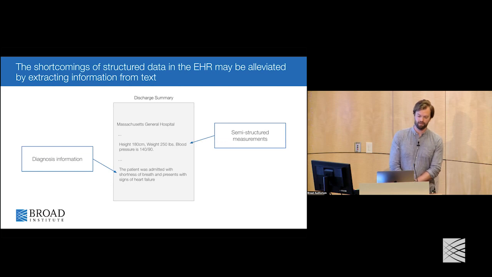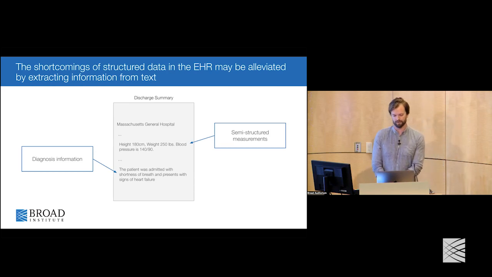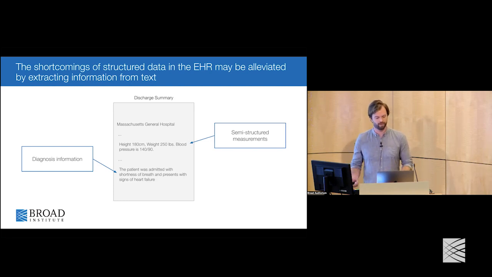So we had the idea that a lot of the information that we're looking for is contained in the text that we've collected, both measurements in unstructured and semi-structured form, where things like height, weight, and other measurements are just listed in these documents.